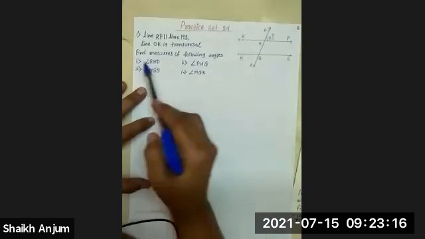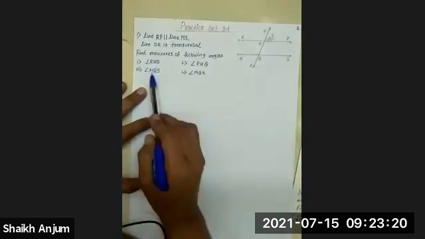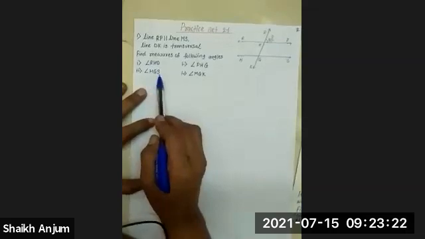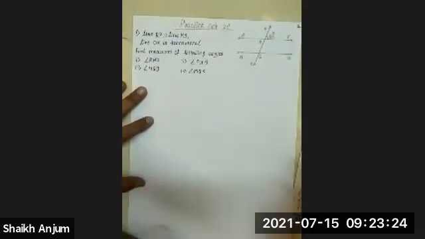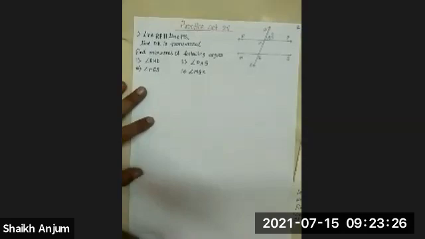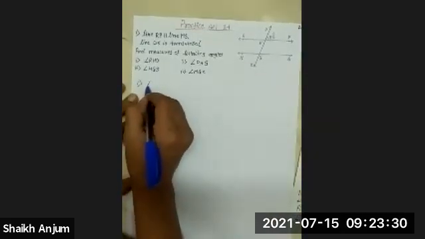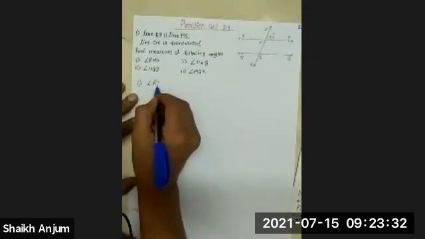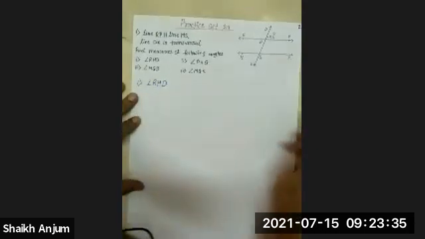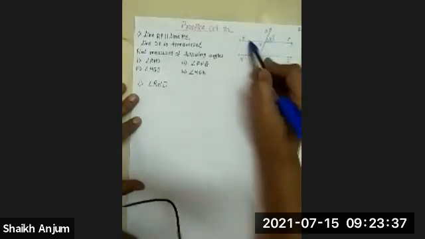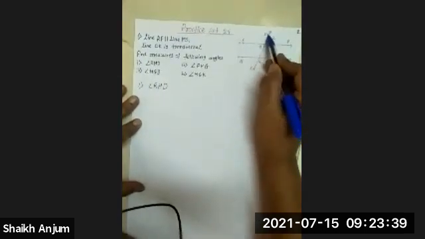Angle RHD. Second, we have to find angle HGS and angle MGK. Now, we will take the first angle, that is angle RHD. See angle RHD.